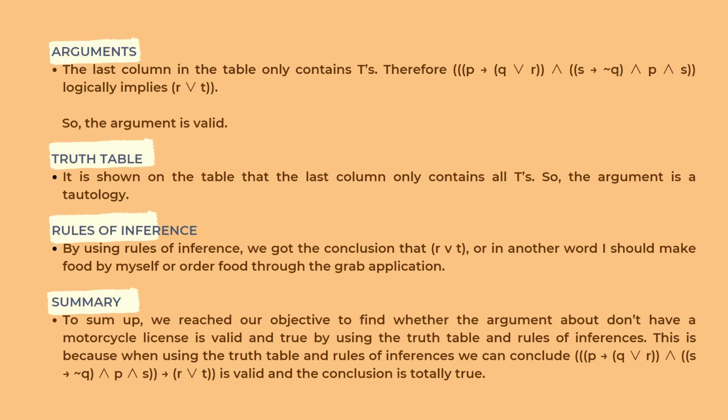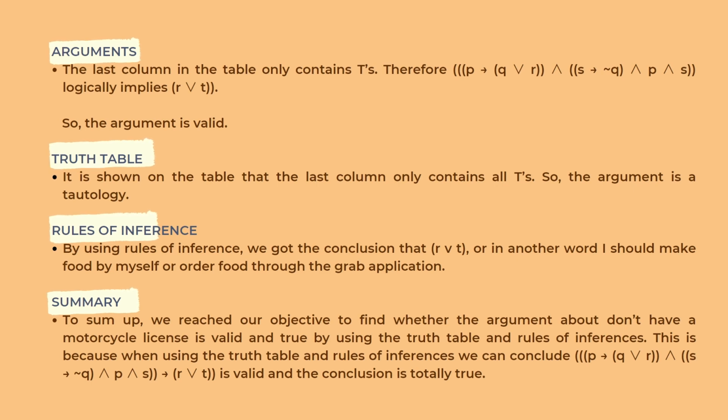Rules of inference. By using rules of inference, we got the conclusion that R disjunction T, or in other words, I should make food by myself or order food through the Grab application. And lastly, summary. To sum up, we reached our objective to find whether the argument about not having a motorcycle license is valid and true by using the truth table and rules of inference.